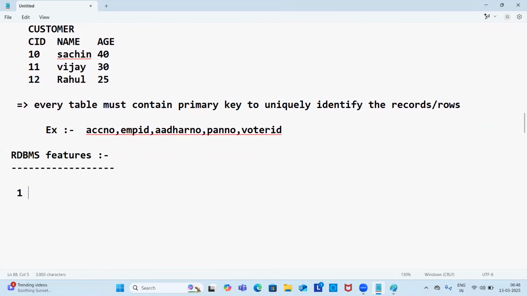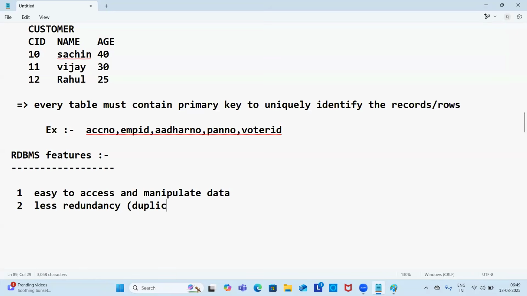One is easy to access and manipulate data. Accessing and manipulation is easy. I'll explain this. Less redundancy. Redundancy means the duplication of data, so this is less. RDBMS provides more security.